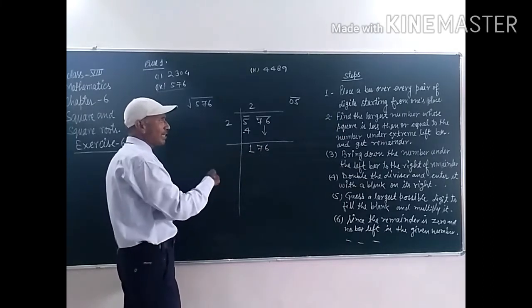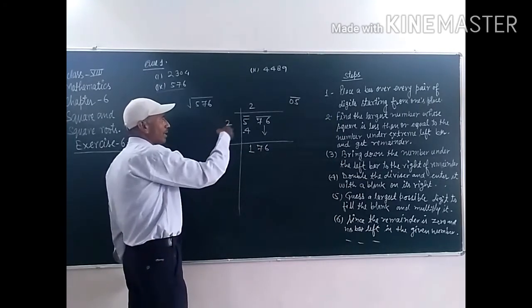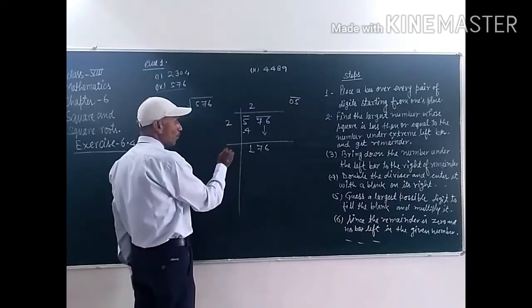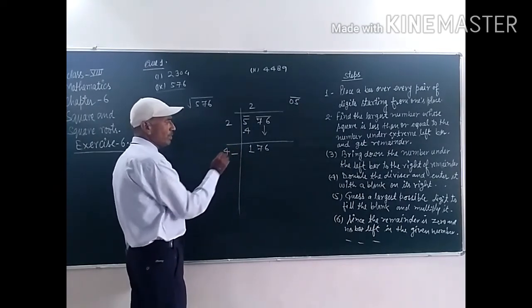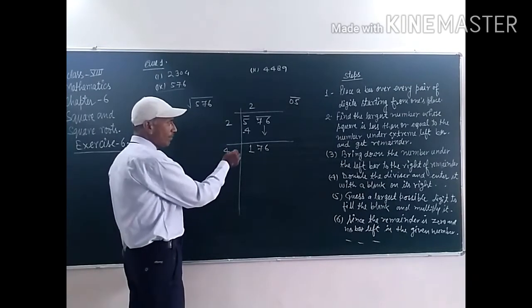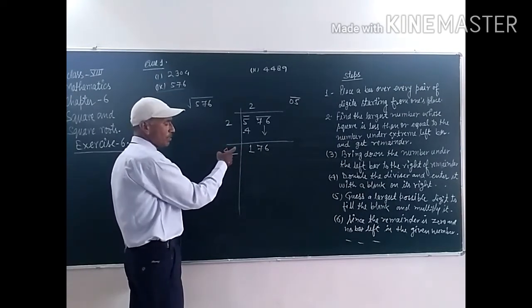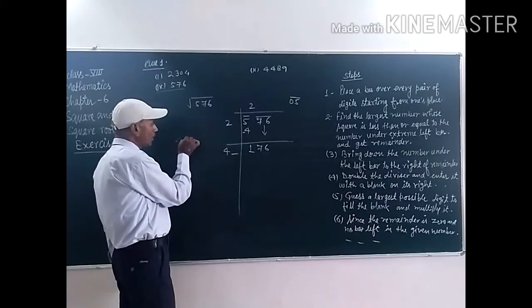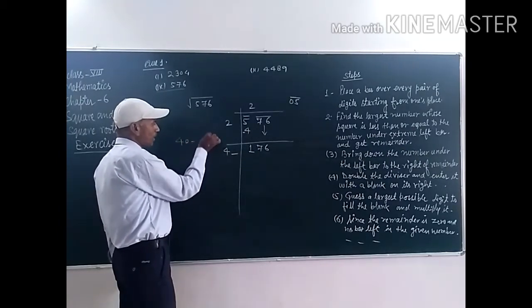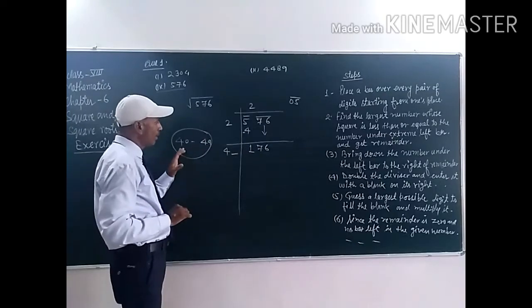In the next step, double the divisor, 2 twos are 4, and leave a blank to the right of this number. We write a number from 0 to 9 here, and the place value will be 40 to 49. Clear?